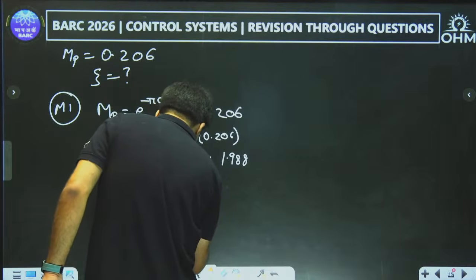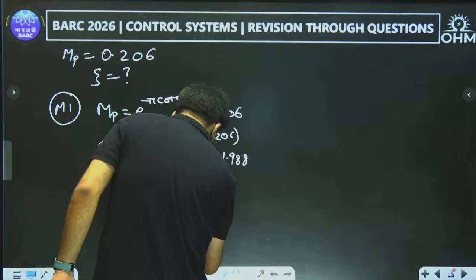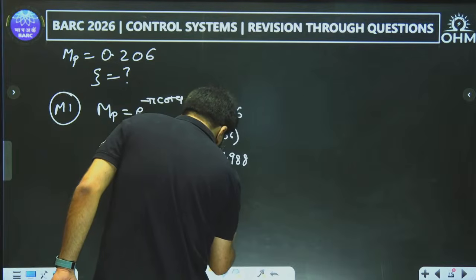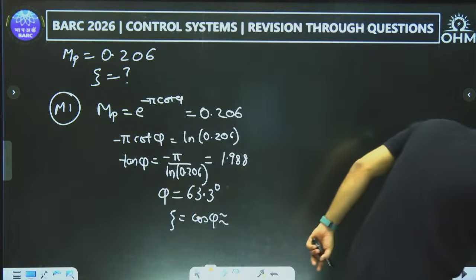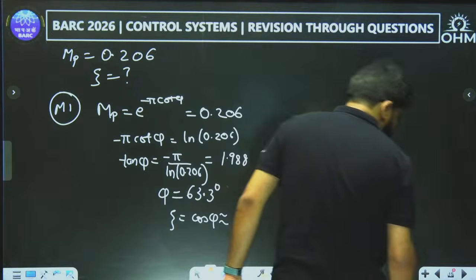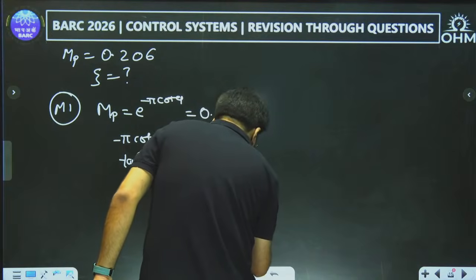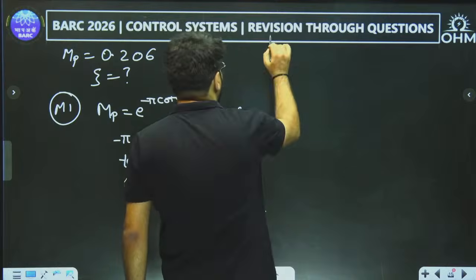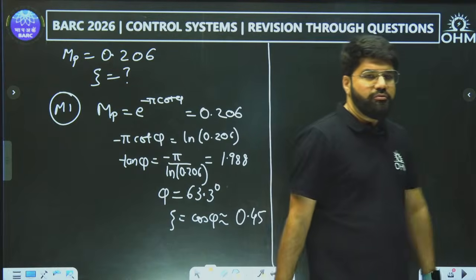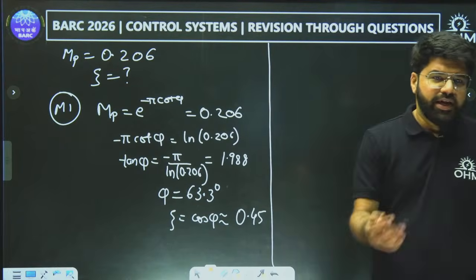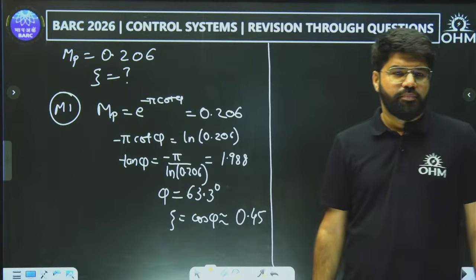Then what is zeta? Zeta is cosine of this phi. When I write down the cos value of this, approximately I am getting 0.449 or 0.45. Writing down up to 2 decimal places, 0.45. Right? Yes, correct, Sai Vikas and Samukha.